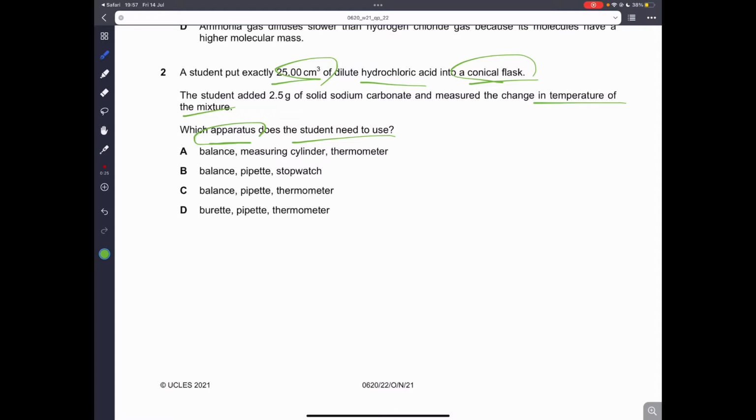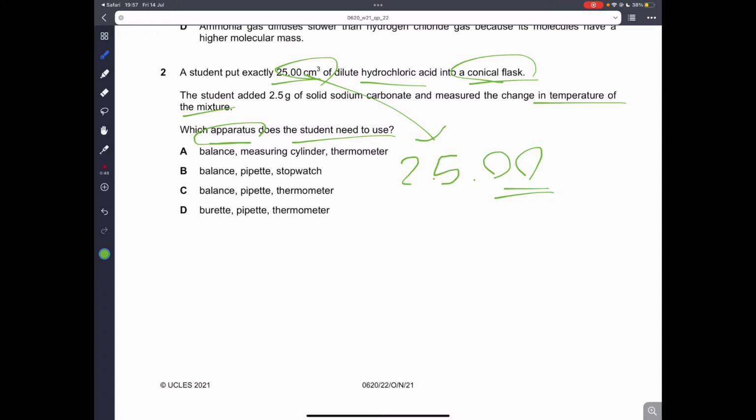We have to know basically what apparatus the student needs to use. Well, we are given a clue here with the 25.00 cm cube of hydrochloric acid. Now this 25.00, notice that it has 2 decimal places at the end. So this means exactly 25.00.